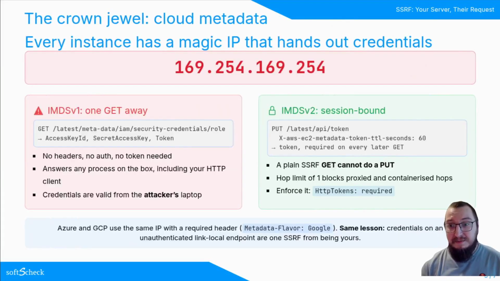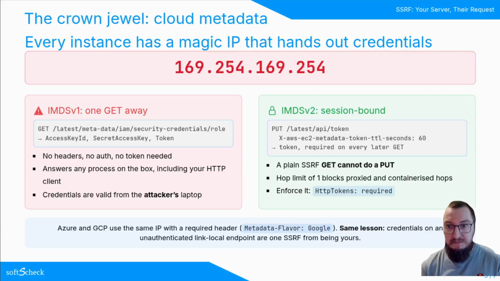Okay, this is the main target when we talk about server-side request forgery in the cloud. This IP address, 169.254, is used by Azure and Google Cloud Services to get us credentials. So we can just send a request there, and we can get cloud credentials.